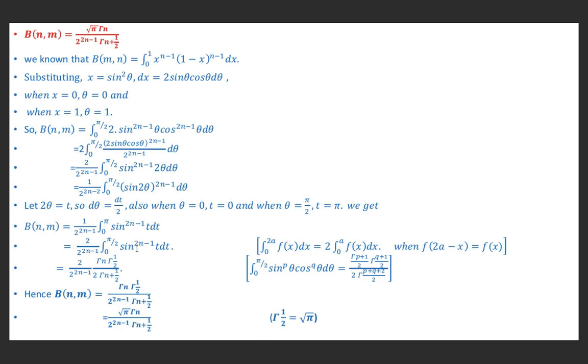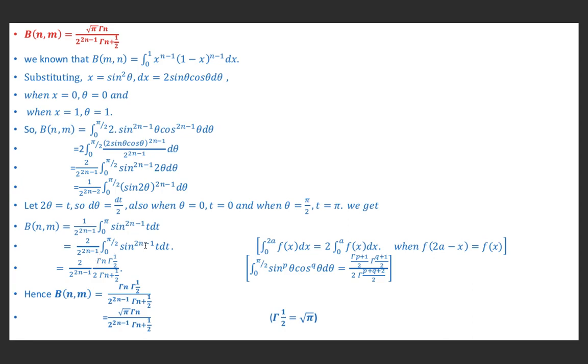So here we have sine 2n minus 1 theta, and for cos the power is 0. If we compare the powers, it is gamma of (p plus 1) upon 2. So 2n minus 1 plus 1 upon 2 means 2n upon 2, gamma n.